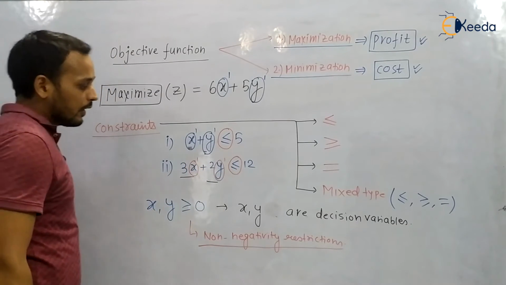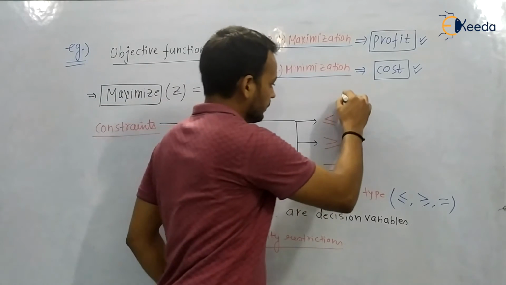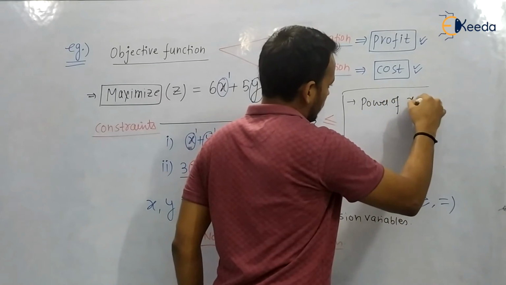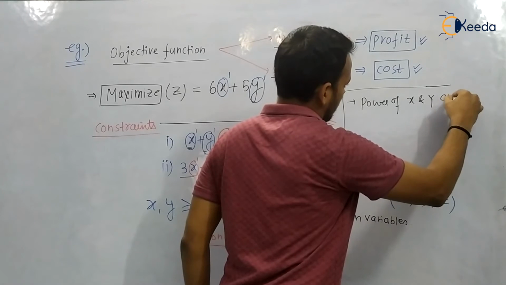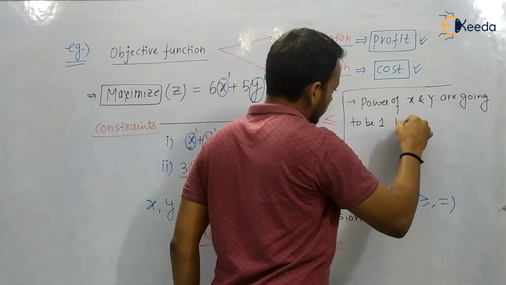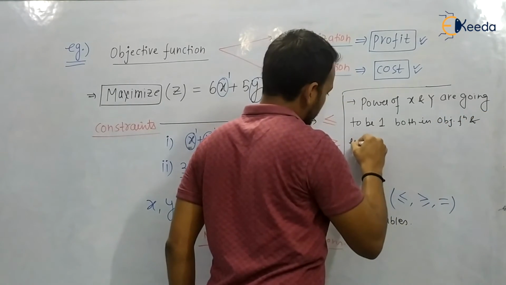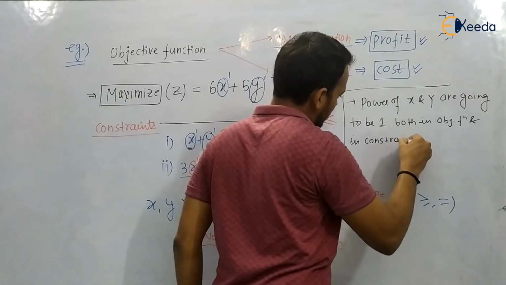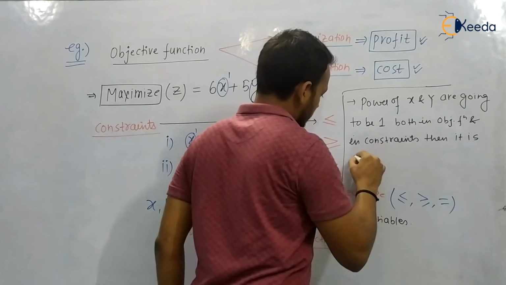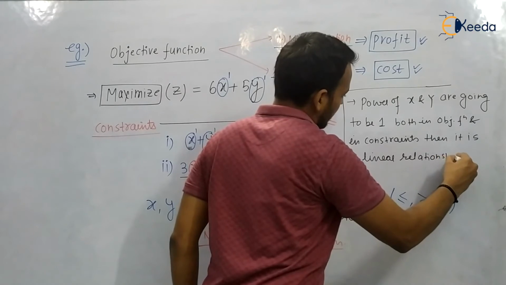Whenever the power of x and y is 1 both in the objective function and in the constraints, then it is a linear relationship. So what do we mean by a linear relationship?